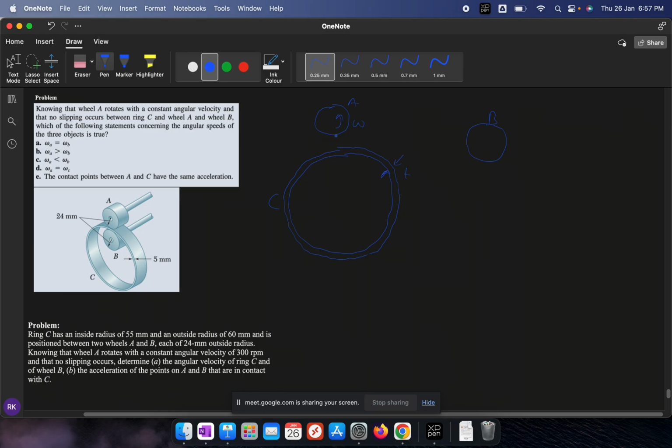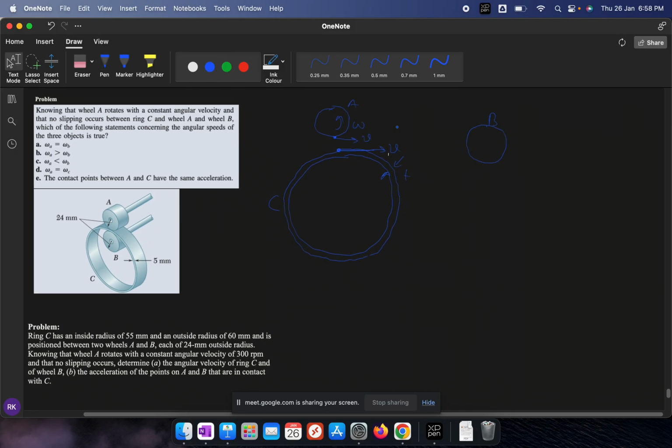It means that whatever the velocity of this point is, that velocity will be the same as this point. Suppose I have assumed that the velocity of this particle is v. Then, with no slipping, the velocity of this particle will also be v.